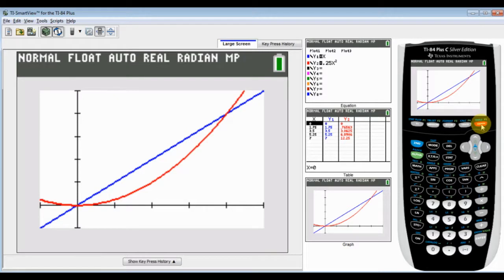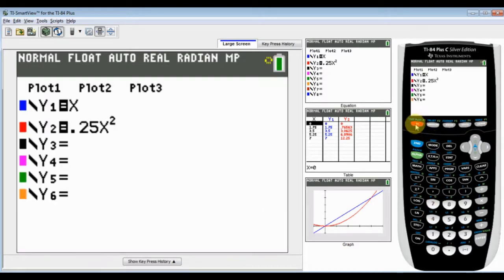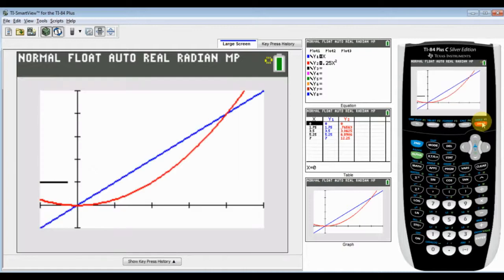Oh, I'm supposed to have y equals 1, aren't I? Y equals 1. Here we go.